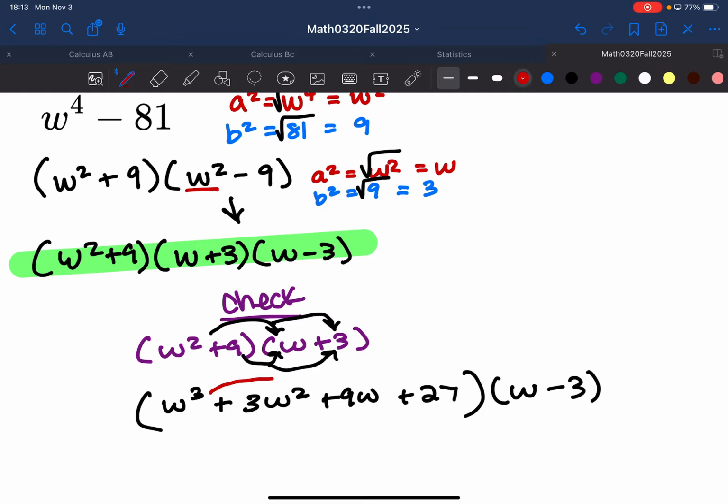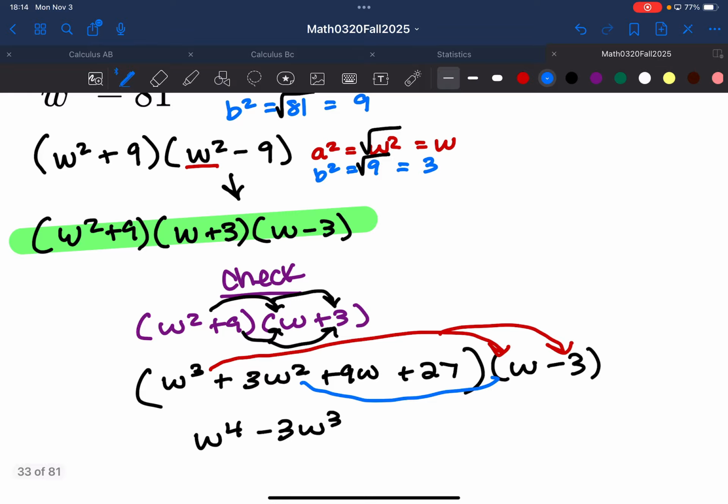Okay, so I'm going to do W cubed times W, and then W cubed times negative 3. So that's W to the 4th minus 3W cubed. That's the first red arrow. Then I'm going to do the same with 3W squared to W and negative 3. So then I get 3W squared times W, which is 3W cubed. 3W squared times negative 3 is negative 9W squared.